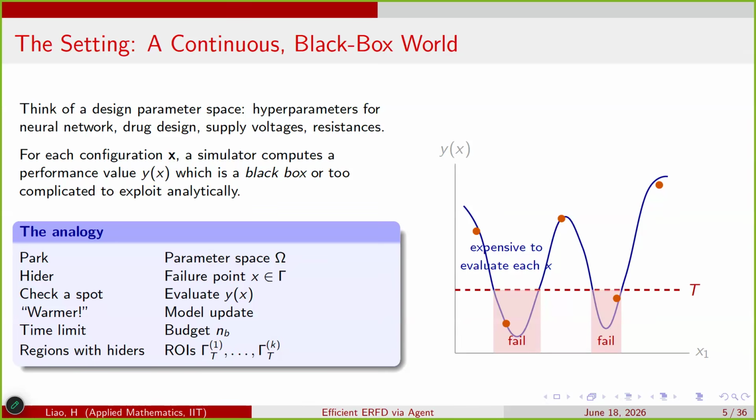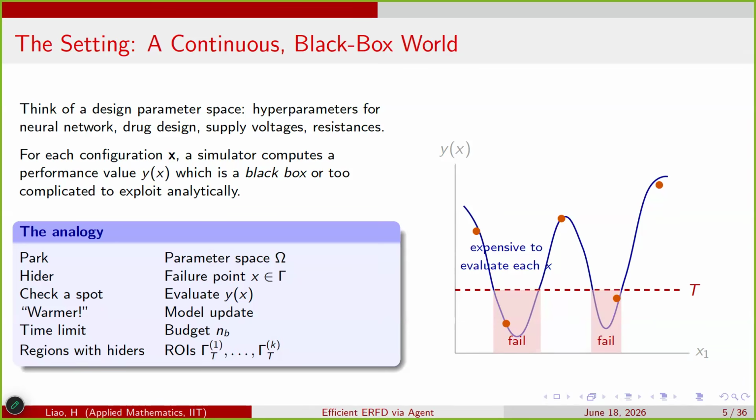We assume it's a black box function, or something parametric but super complicated, which means you can evaluate it, but you cannot write down the function directly sometimes. That's why we consider it a black box function.